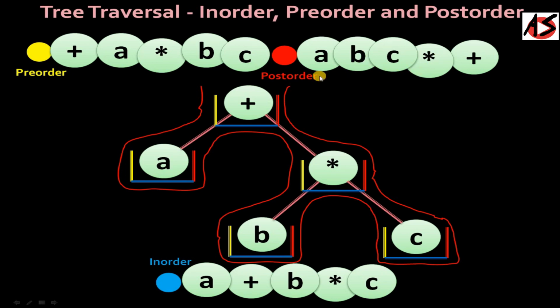Then the computer stores the result in an intermediate variable, and then it takes the operator plus, and the intermediate result and a will be added, and you will get the correct result of a plus b multiplied by c. So this is the theoretical approach of tree traversal. In the next episode, we will see the practical approach of tree traversals using a program and code.